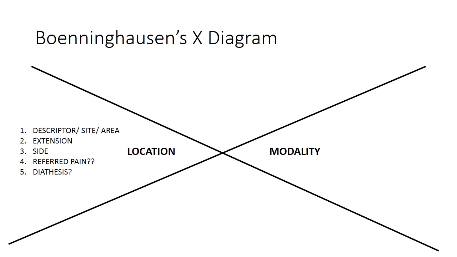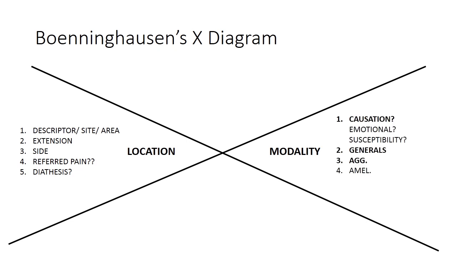So it is important to know what kind of pain it is. Is it pathological? Is it a referred pain, or is it something else? And also important is the diathesis. For instance, a person suffering from an acute attack of gout. The gout itself is actually a part of a constitutional disorder of the person. So it is important to know that also.